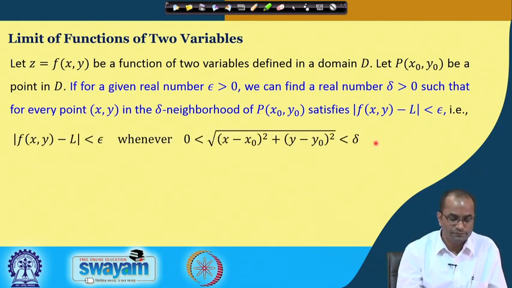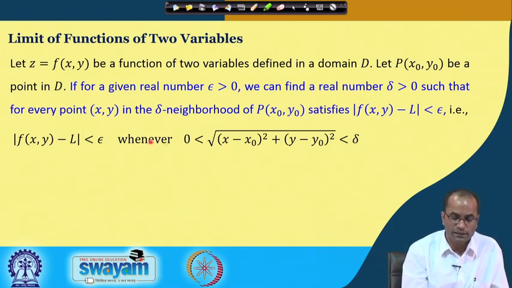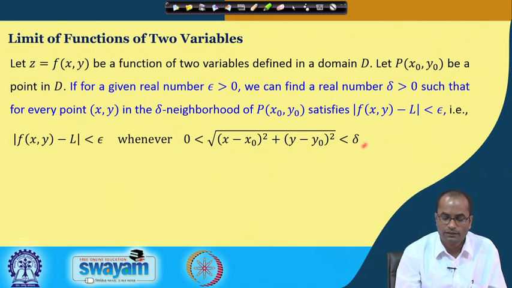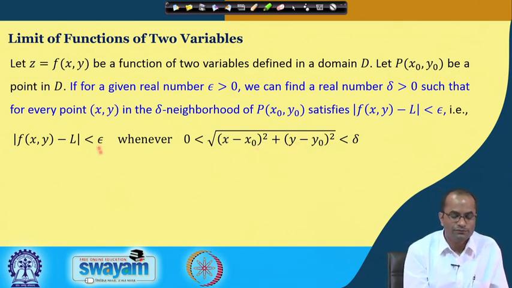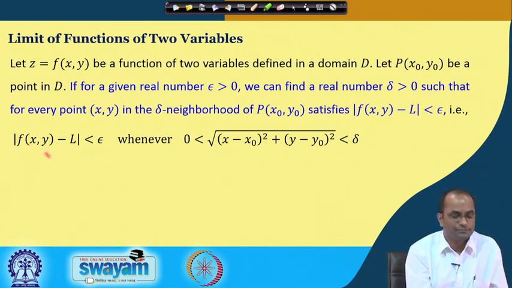What does that mean? That |f(x, y) minus L| is less than epsilon wherever these (x, y) fall in the delta neighborhood of (x naught, y naught). So, if for a given epsilon we can find such a delta, then we will call L the limit of f(x, y).